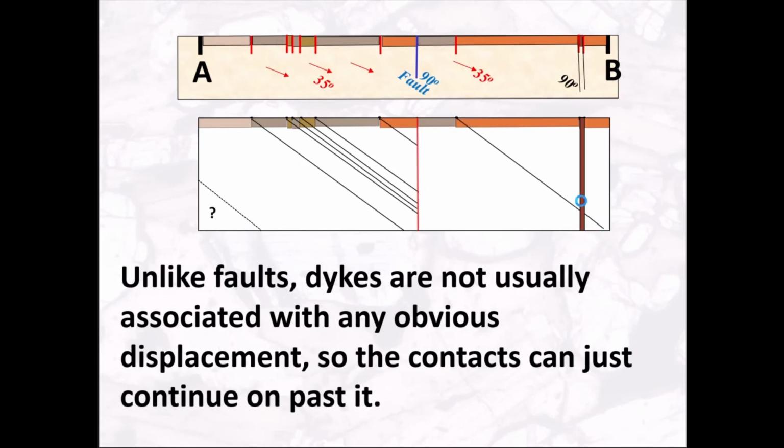When this dike was intruded, the ground essentially opens up and magma is injected, but there isn't any appreciable slip either side of the dike. Okay, so that's why I can continue it on through the dike, taking into account no displacement.